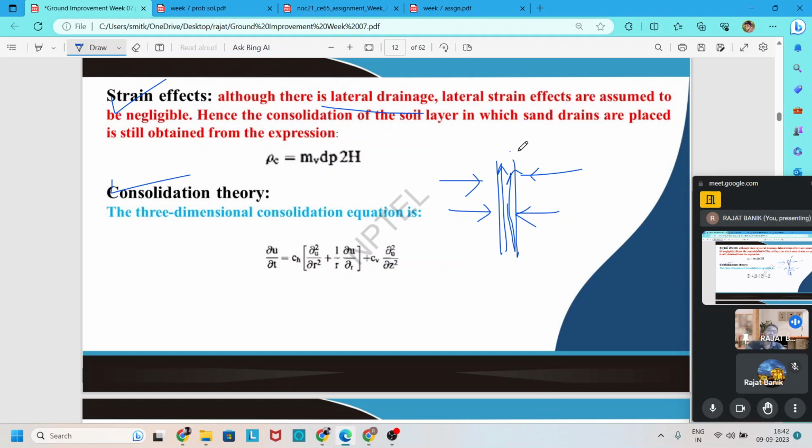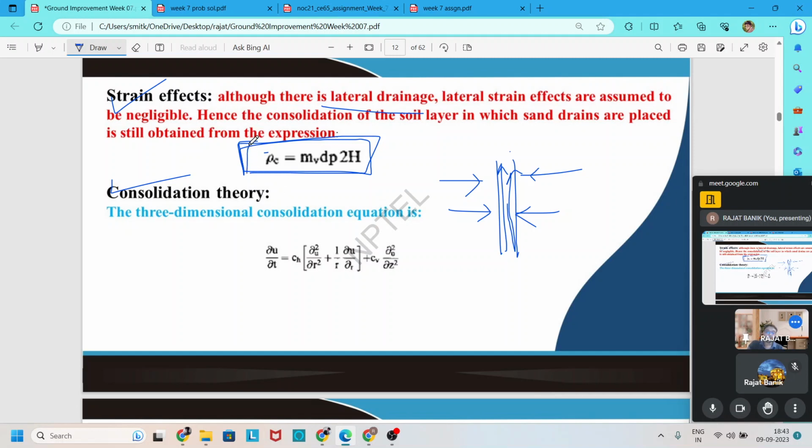Due to this lateral drainage, some lateral strain is also generated. But when we calculate settlement due to consolidation, we neglect this lateral strain effect. So we simply apply the consolidation technique, and we get a formula: settlement is equal to mv into dp into 2h.